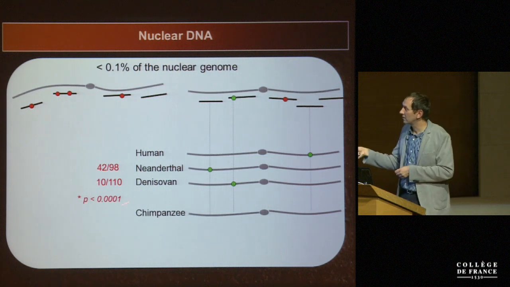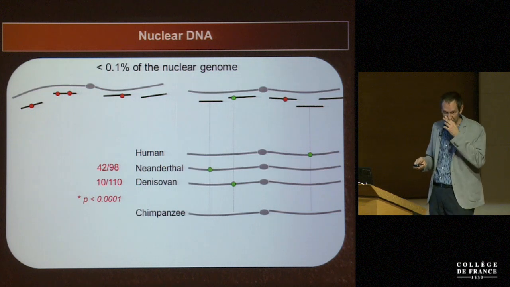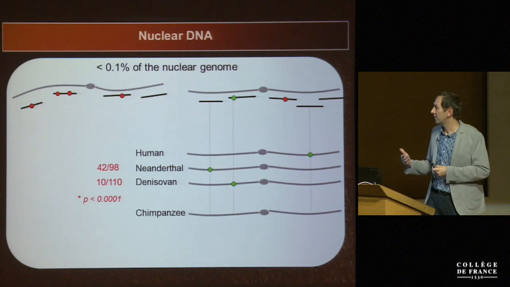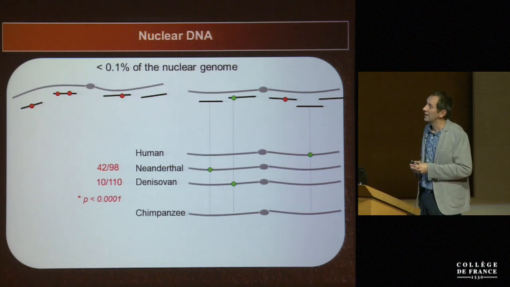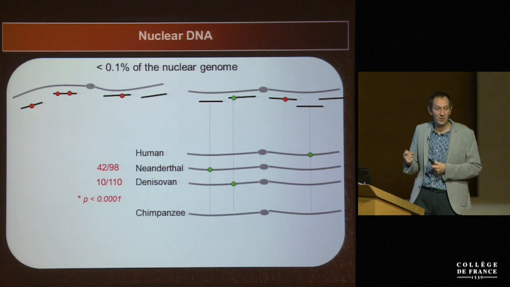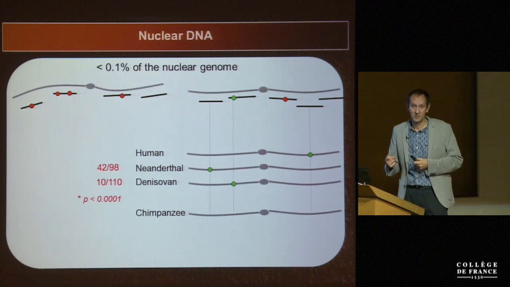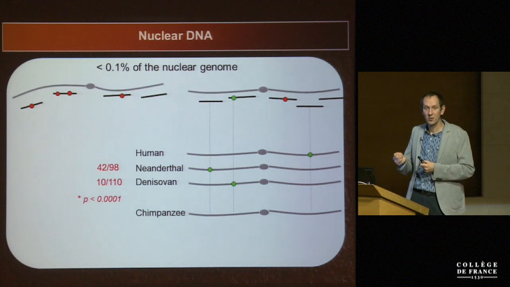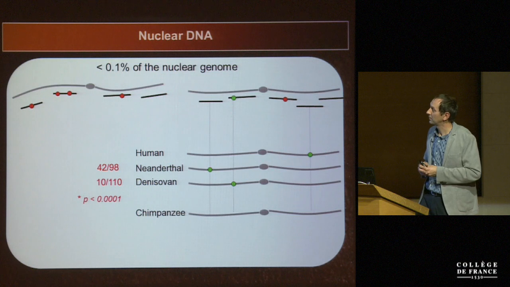And this is a highly significant difference if you do the math. So this strongly shows that the Cima de los Huesos individuals were closely related to Neanderthals and not to Denisovans. So they were in fact early Neanderthals or closely related to early Neanderthals.